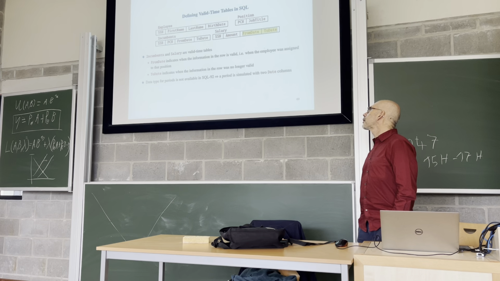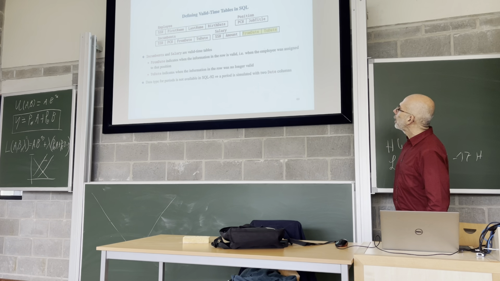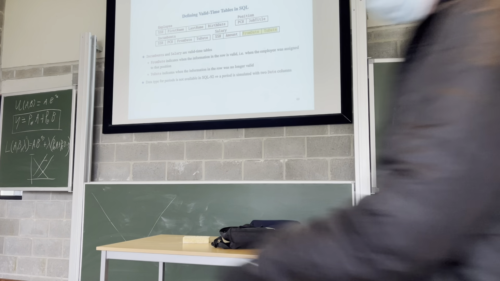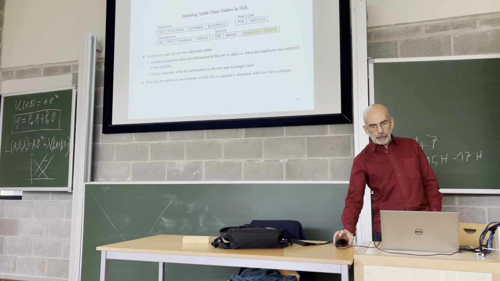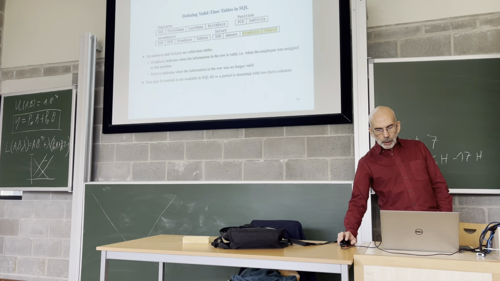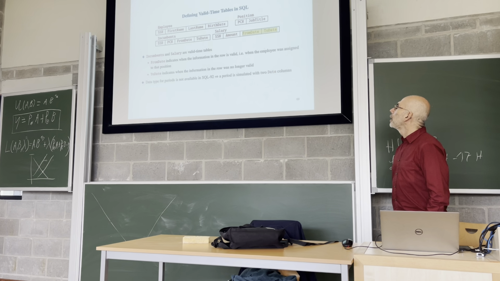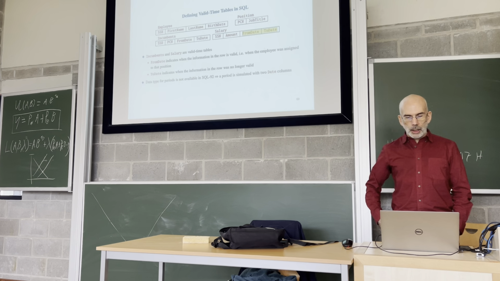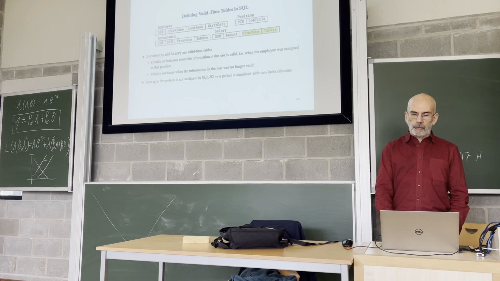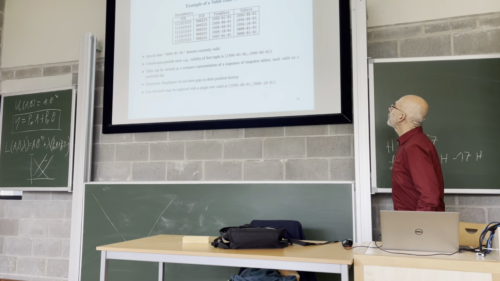And so we have this very simple database with two independent columns of type date, for representing a period of time during which the information reported in the row was valid. So that is a typical example.